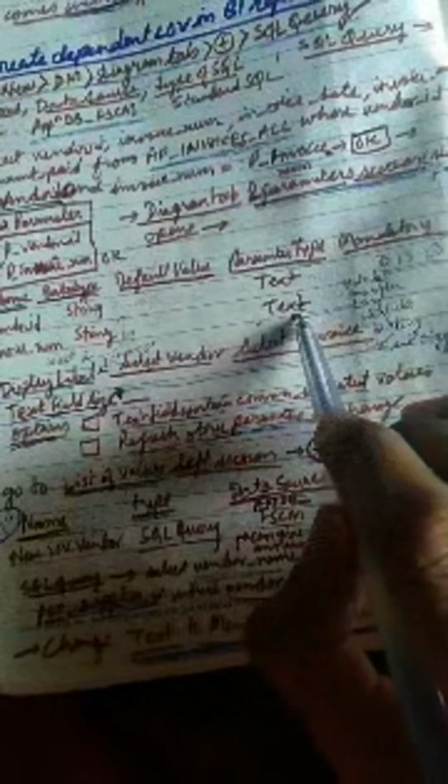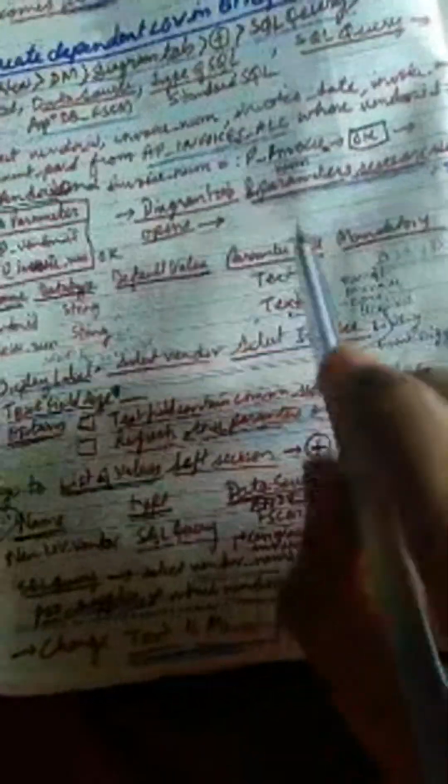So parameter types, this has three values: date, menu, and text. So you can give any value, like a numeric value or anything, and you can select text input here, the parameter type. If it's a date one, then you will select date, and if it's an LOV, then you have to select menu.